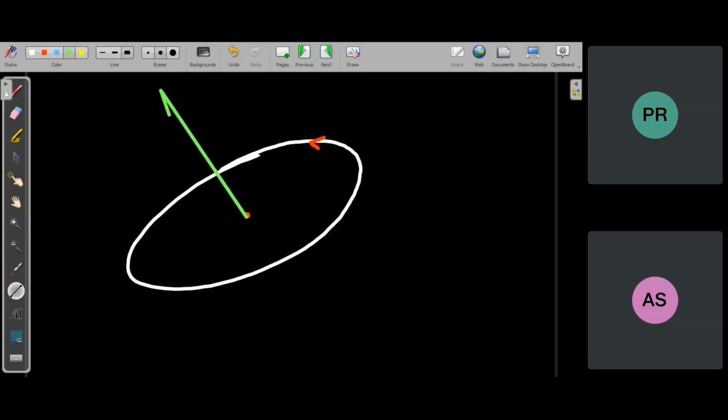Now it is my choice: I will take the z-axis in this direction. I can take my z-axis along this direction, and then I will say angular velocity is along z. But if I take angular velocity along z, then the plane of the circle will become the xy plane, right?